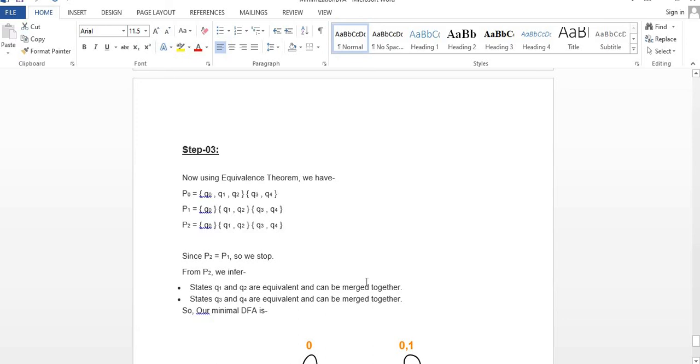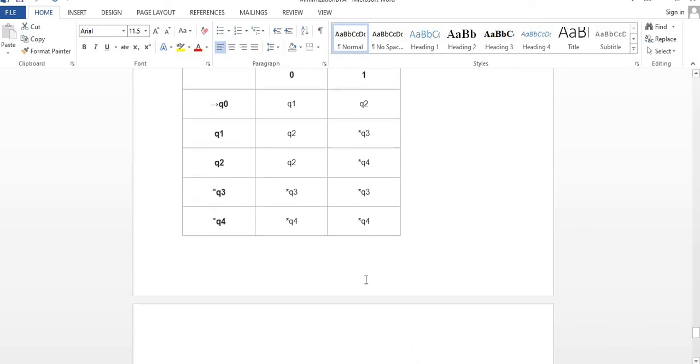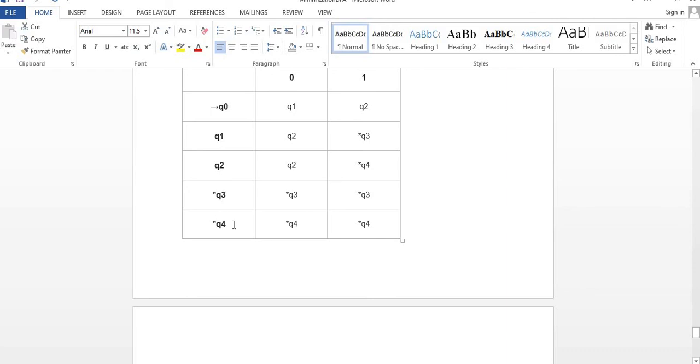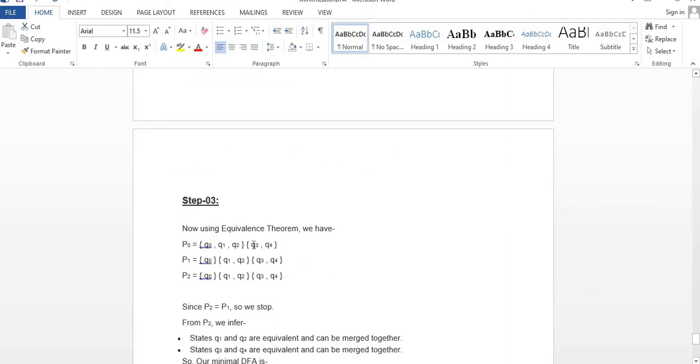Now using the equivalence theorem, we partition the given states. The first partition is final states and non-final states. The final states are Q3 and Q4, so put them in the same group Q3 comma Q4, and the other states are Q0, Q1, Q2.